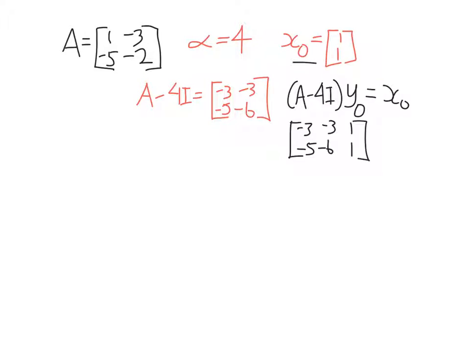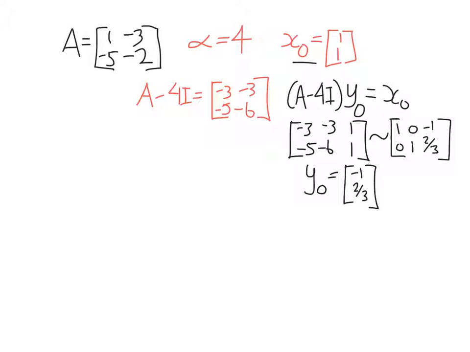So I set up my augmented matrix and row reduce it. At this point, you've probably had enough practice for row reduction. It's okay if you want to use an online calculator. So this is the matrix I get in row reduced echelon form. So that means that my vector y is (minus 1, 2/3).